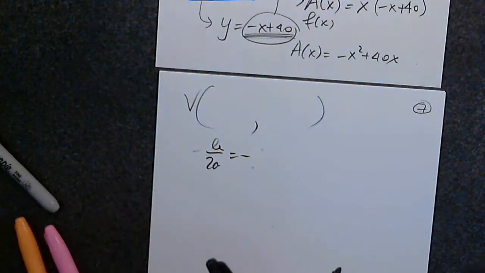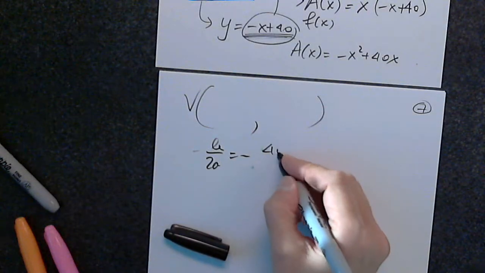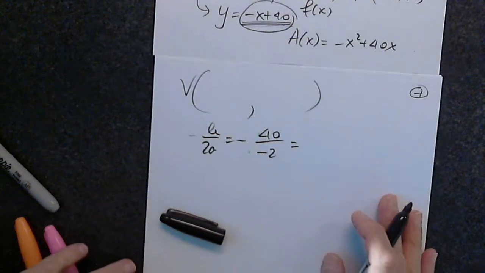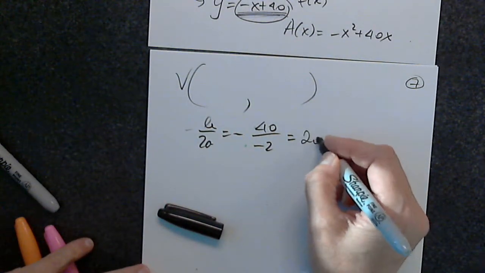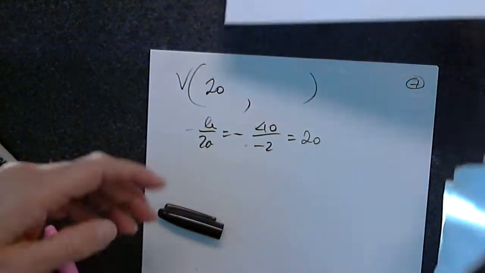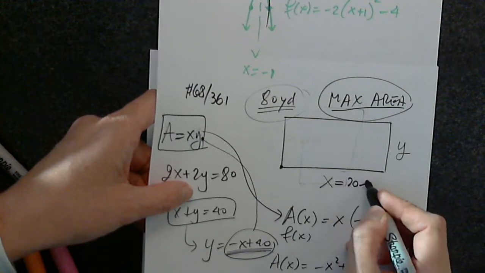Negative. What is b here? B is 40. And 2 times a is? Negative 2. So the answer is, it better be a positive number, 20. So the length, this piece, is 20 feet.